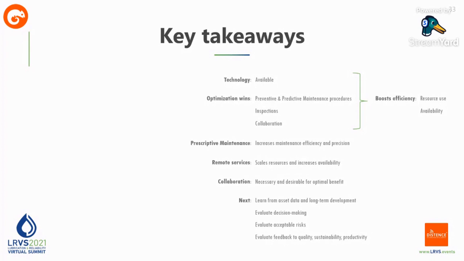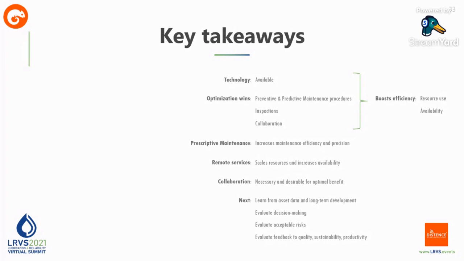Prescriptive maintenance can and will make maintenance teams more efficient and precise in the allocation of their activities. And remote services will scale resources and increase their availability. Collaboration with service providers and experience will play an important role in implementation.